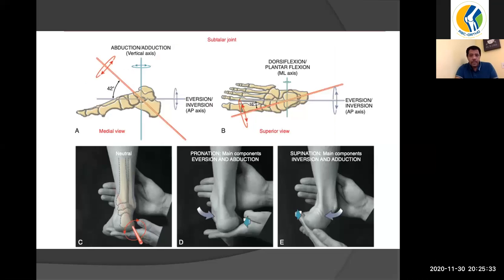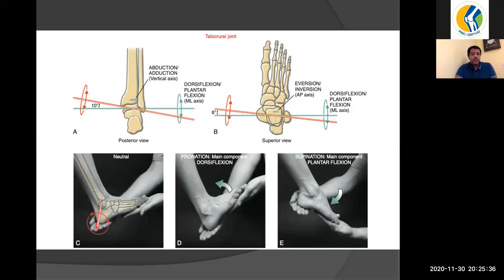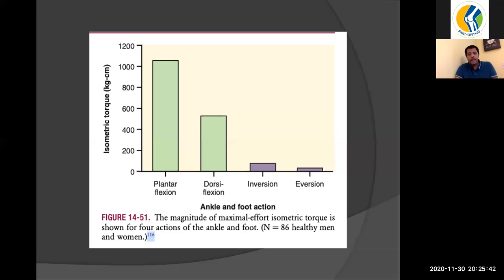As we explained here, it's not just dorsiflexion and plantar flexion, it's also combined with foot movements. So let's see here, when you're doing plantar flexion, usually the torque reaches up to about 1,000 kilograms. And you can imagine how heavy this weight is on the ankle joint.